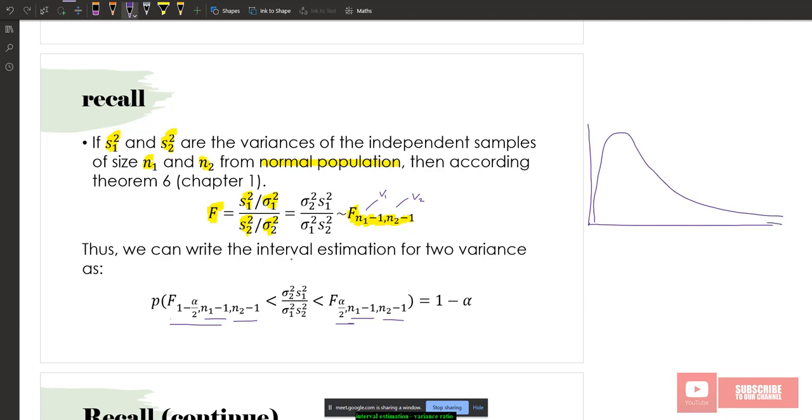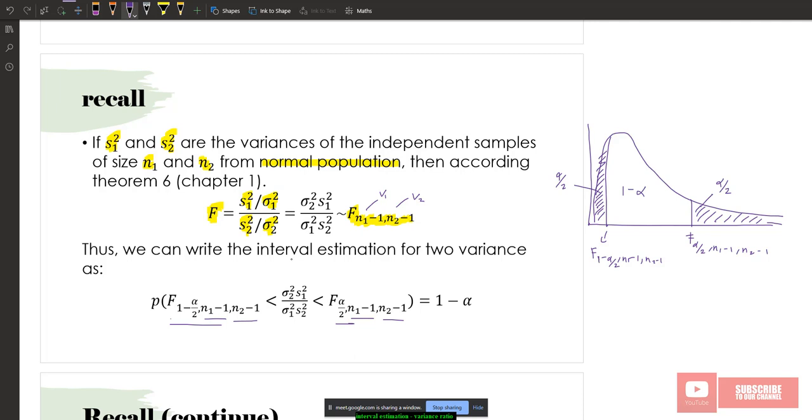So this is 1 minus alpha, and this is alpha divided by 2, and this is also alpha divided by 2. We divide alpha by 2 equally. So this one should be f alpha divided by 2, n1 minus 1, n2 minus 1, and this is going to be f 1 minus alpha divided by 2, n1 minus 1, n2 minus 1.